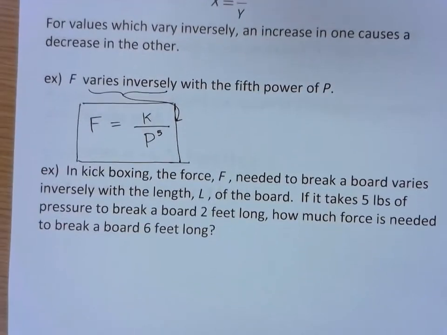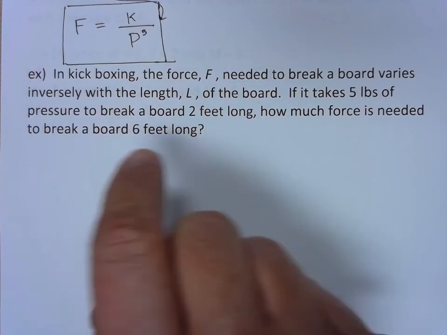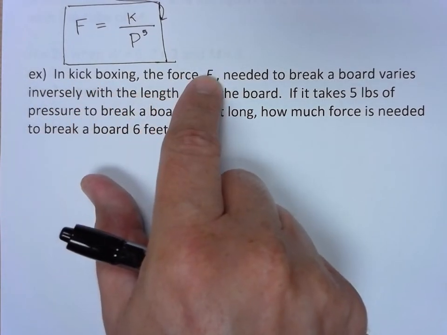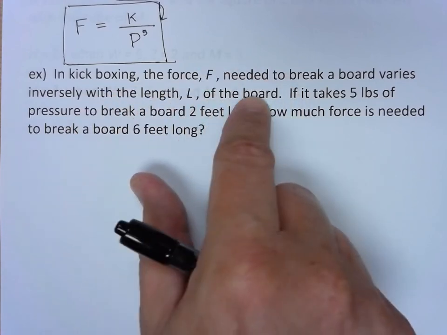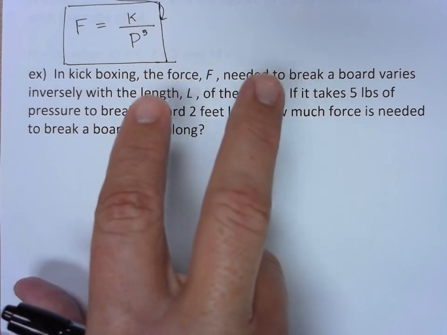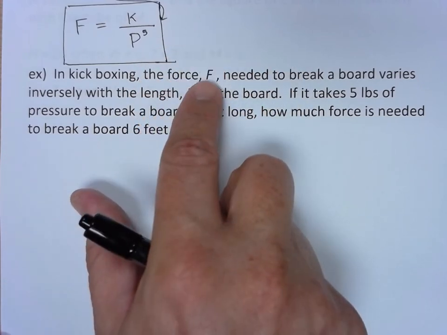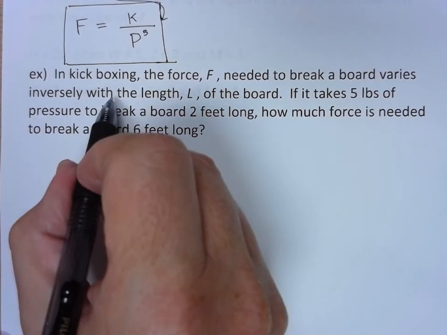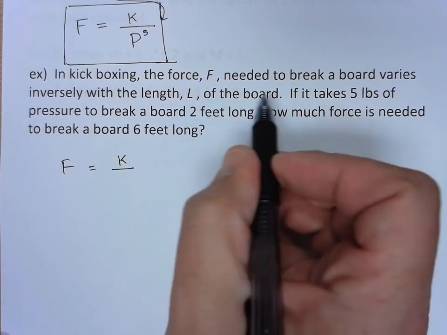Okay? So another example that deals with inverse variation between a couple of quantities. In kickboxing, the force F that's needed to break a board varies inversely with the length L of the board itself. So just the first sentence alone tells you the relationship you need between F and L. The force F varies inversely with, so equals k divided by, the length of the board.